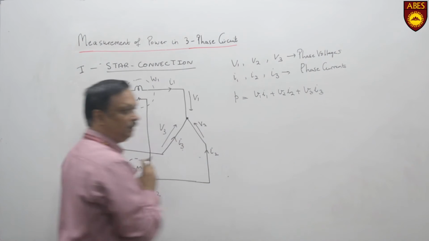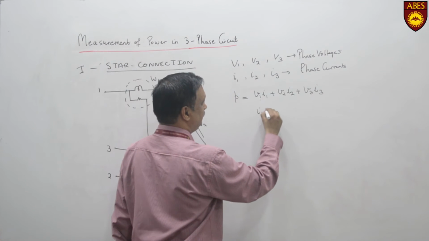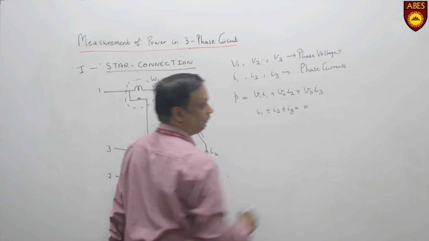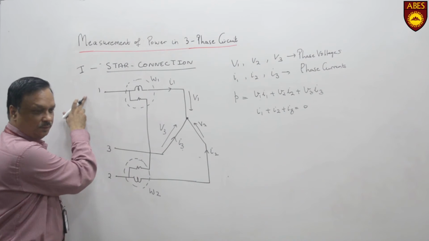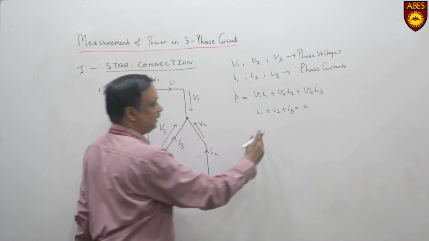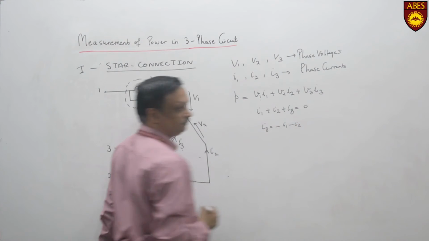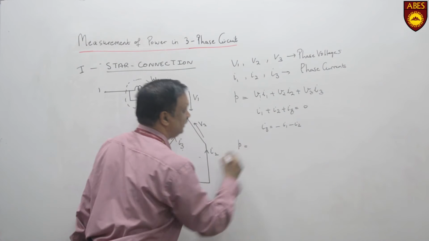Now here we will apply KCL. By KCL we see that I1 plus I2 plus I3 is equal to 0. Since the two wattmeters are connected across terminals 1 and 2, I3 will be equal to minus I1 minus I2. This will be put in the instantaneous power in place of I3.